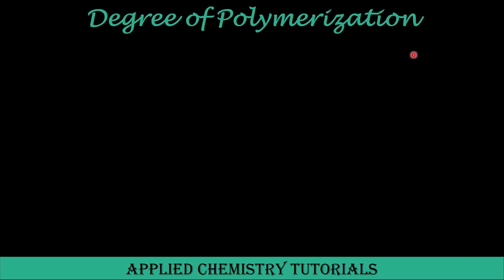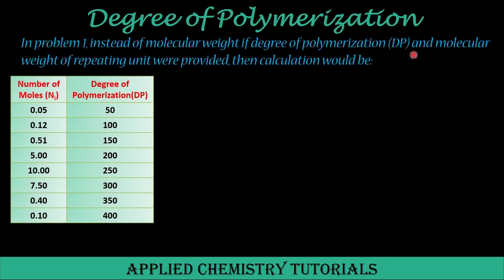Now let's discuss a little bit on degree of polymerization. In the previous problem, instead of molecular weight, if degree of polymerization and molecular weight of repeating unit were provided, then how would the calculation go? Suppose only number of moles and degree of polymerization are provided, and it is said that the molecular weight of the repeating unit is 100 gram per mole.